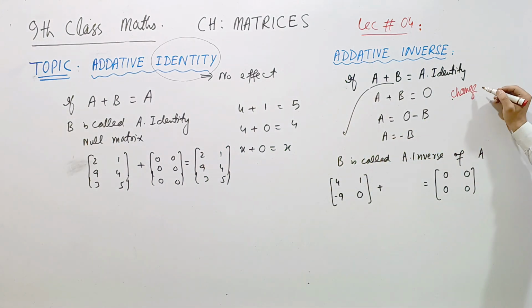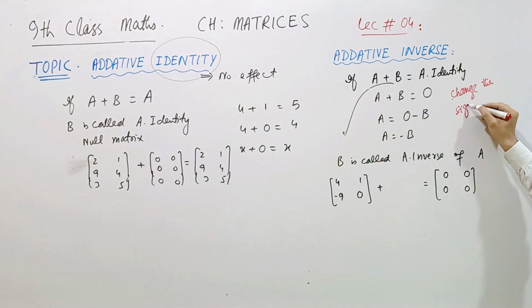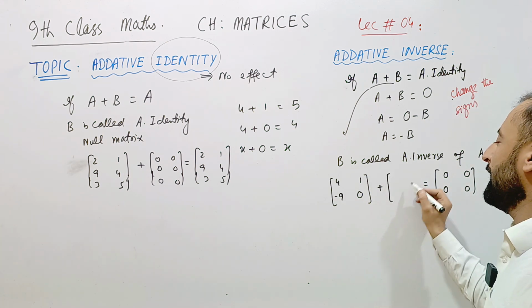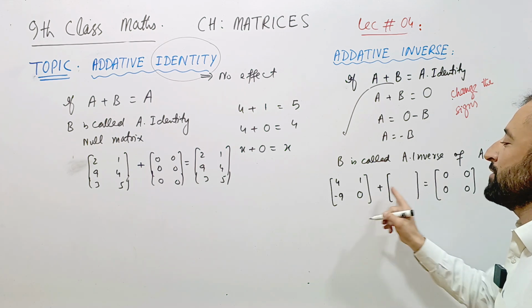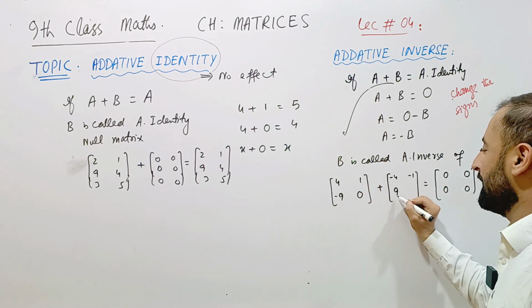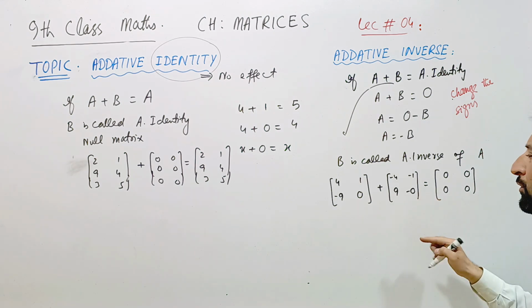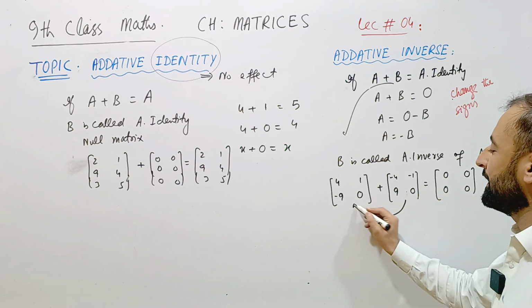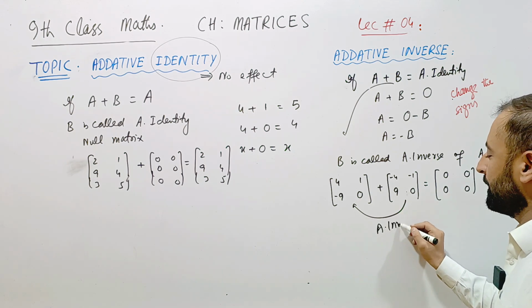So it will change the signs of all the elements, of course. So the matrix which should be added with this will have entries minus 4, minus 1, 9, and writing minus 0 or 0 makes no difference. This matrix is called additive inverse of the given matrix.